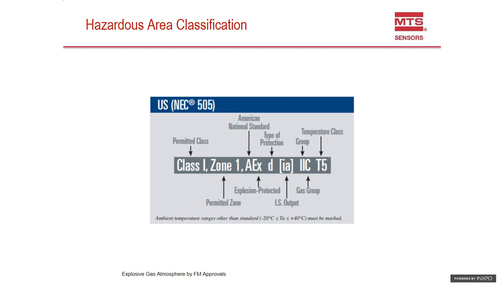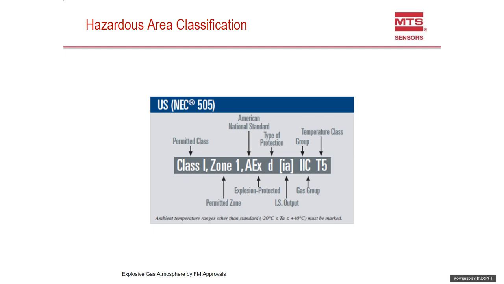Now we're still using the U.S. approval, but we're taking a look at the zone concept. So it looks a little bit similar, but also quite a bit different. We start with the same class distinction, but now instead of the divisions, we have zones. So we have Class 1, Zone 1. And then with the zone concept, you typically see next this EX marking. All the other approvals use an EX.